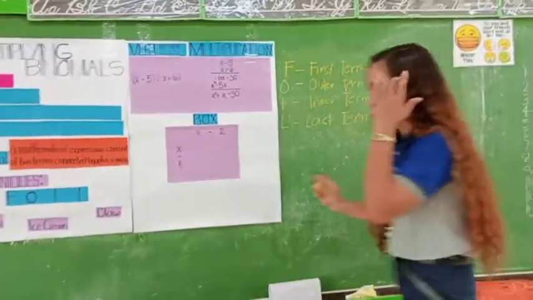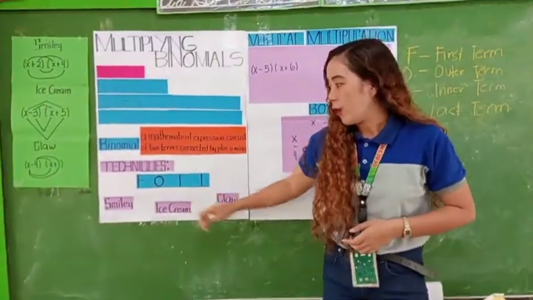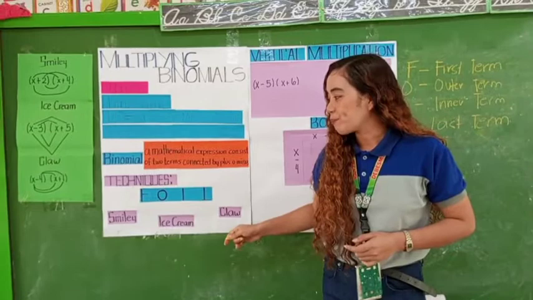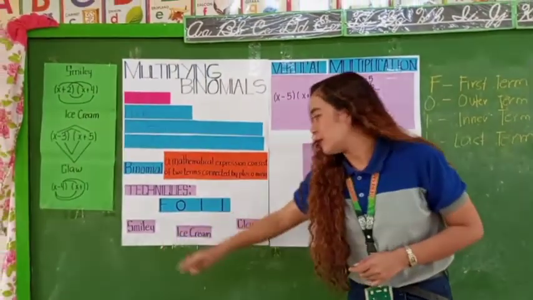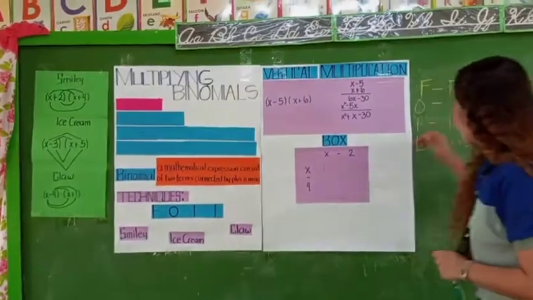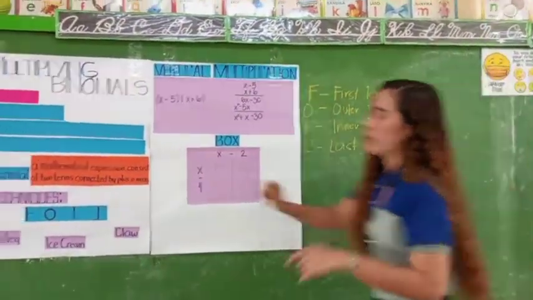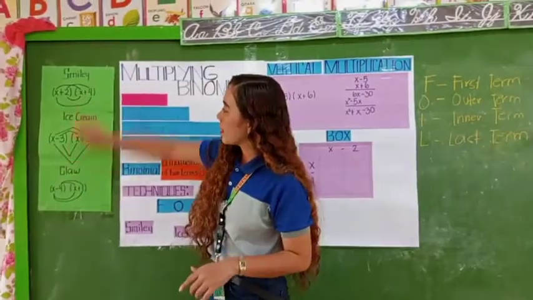So, in multiplying binomials through FOIL method, we can use the smiley method, the ice cream method, and the claw method.